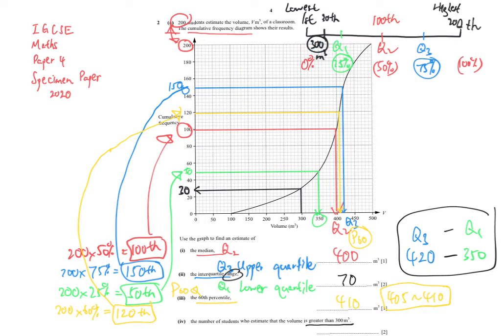And the remaining students are having more than 300 cubic meters. So it should be the total, 200, minus the 30. So it should be 170 students that have more than 300 cubic meters.